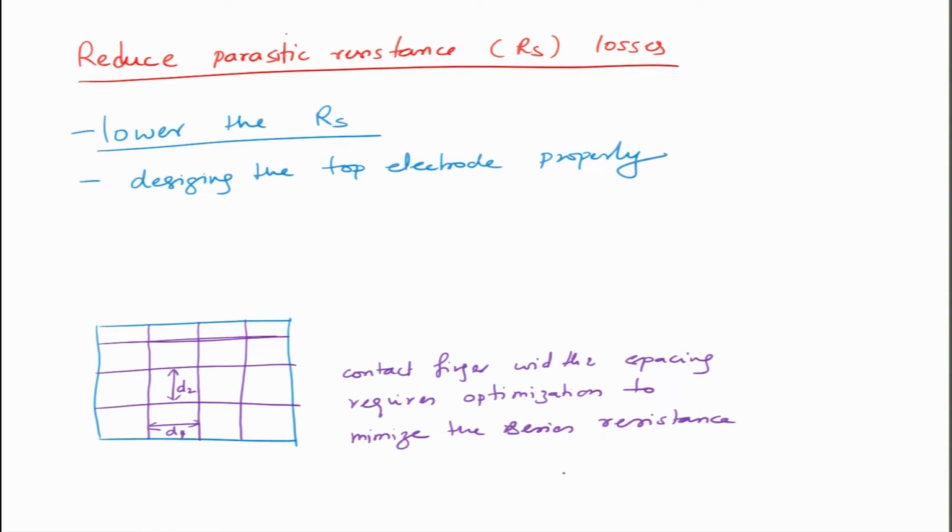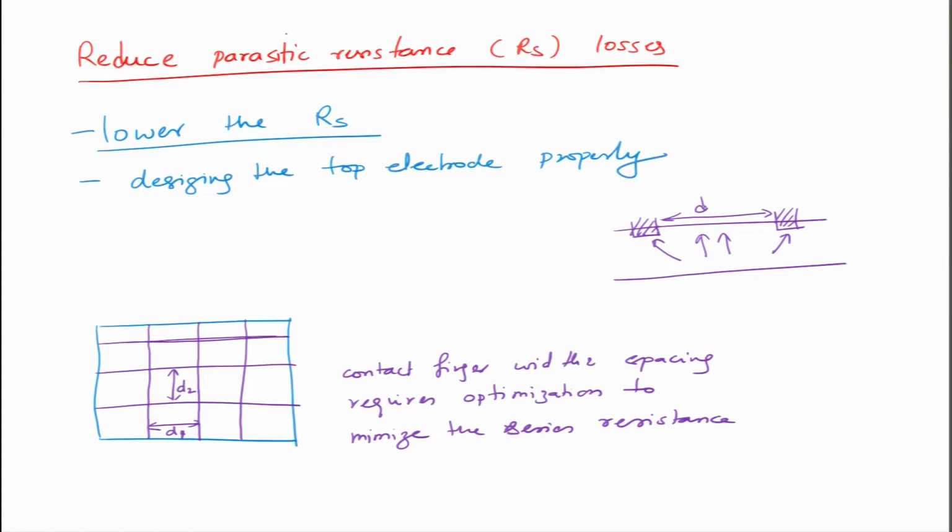If contacts are very far from each other, then again the collection is poor, because if you have this as a device, and let us say one contact is here, one contact is there, carriers are coming, they are getting collected here, they are getting collected here. But if they are too far, what happens to the carriers which are in between? They do not get collected efficiently.